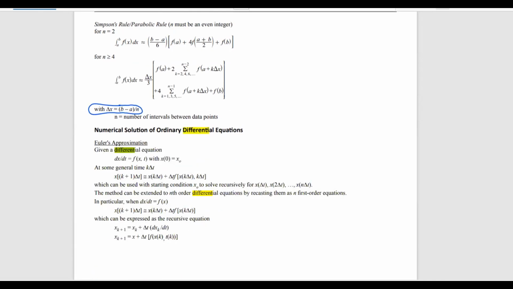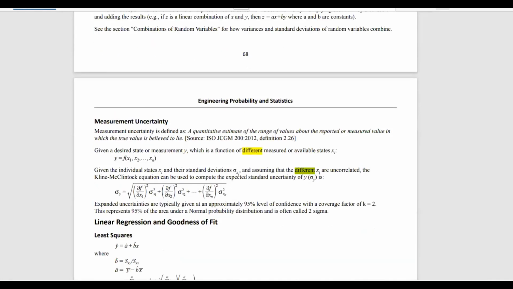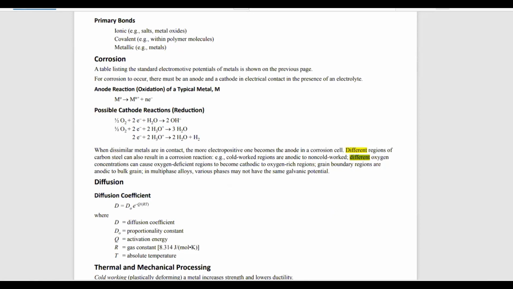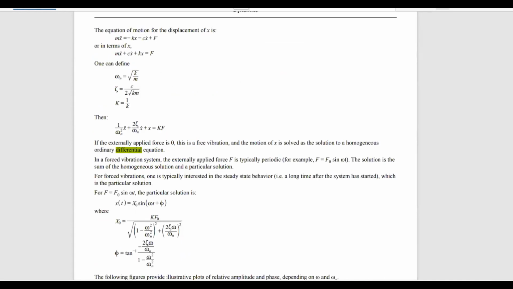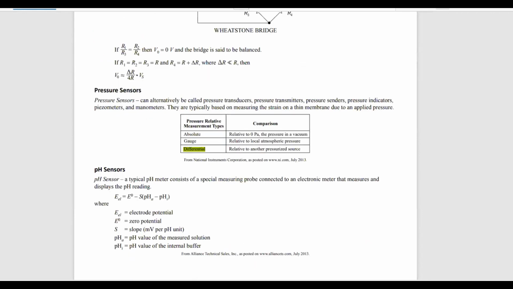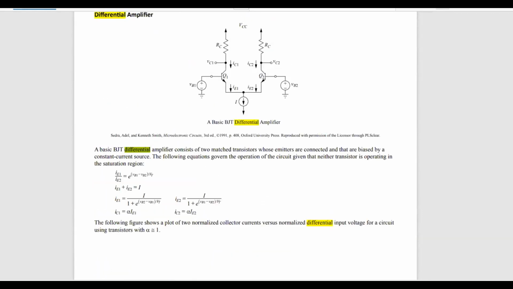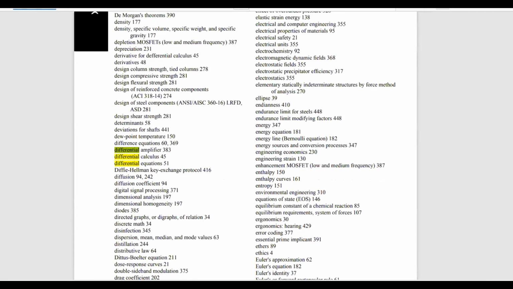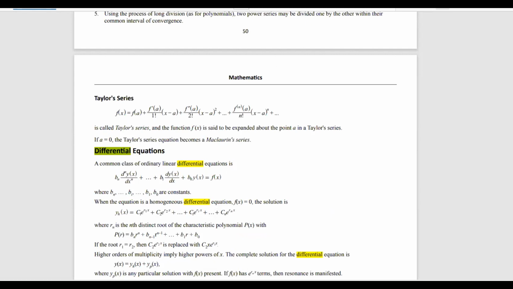And then I want you to recognize what type of differential equation you have. You get a lot of options here. Almost done. Let's get to the bottom of it. Okay, there you go.